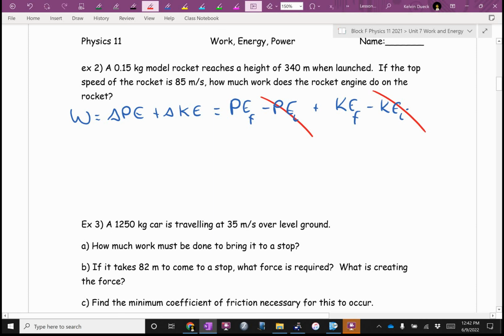Now, you'll notice I didn't say the final speed of the rocket is the top speed, because I know it's going to start to slow down and come to a stop. But I do know at one point it had that much kinetic energy, whatever a half mv squared is. And now we can expand this. Work equals mgh final plus a half mv final squared.